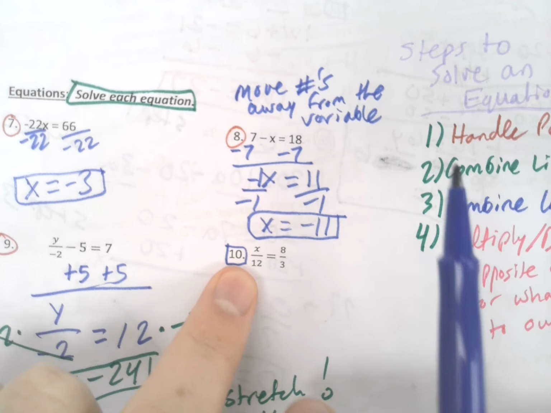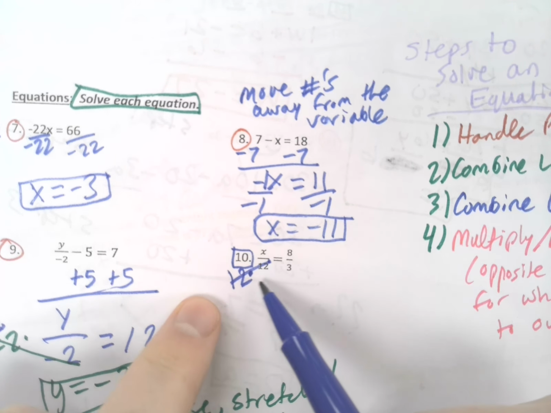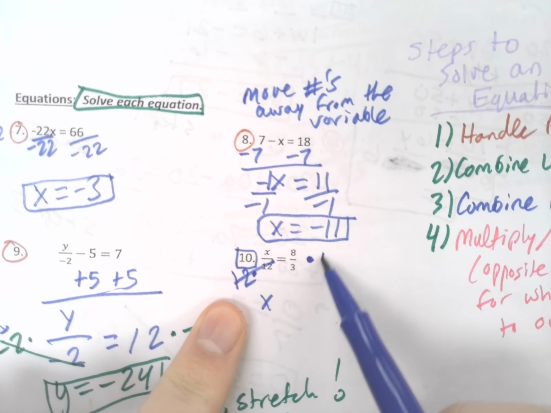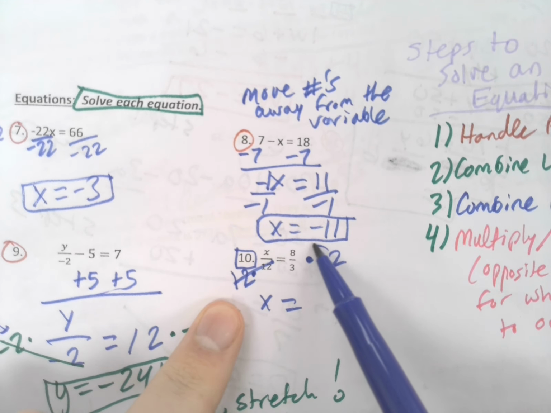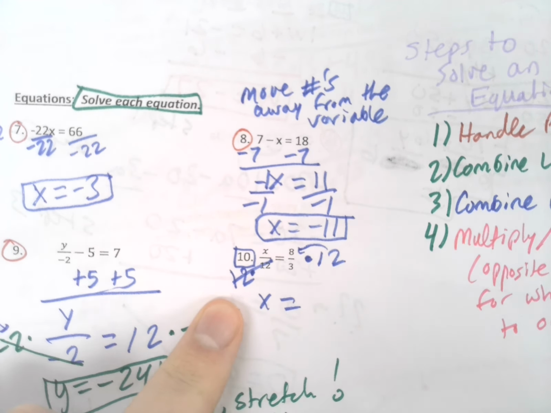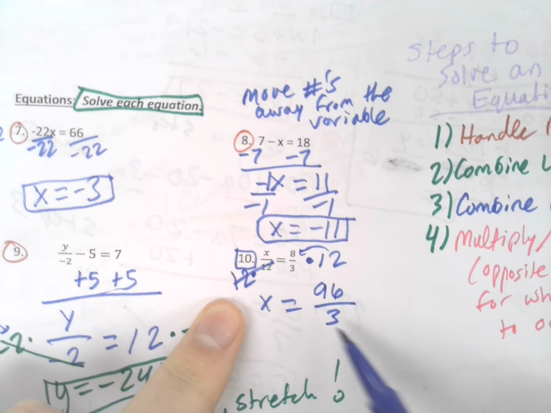If x is being divided by 12, couldn't we multiply by 12? Well, what you do to the left side, we've got to do to the right side. And don't forget that 12 is going to be multiplied to the numerator, to the top. So 12 times 8 gives you 96.